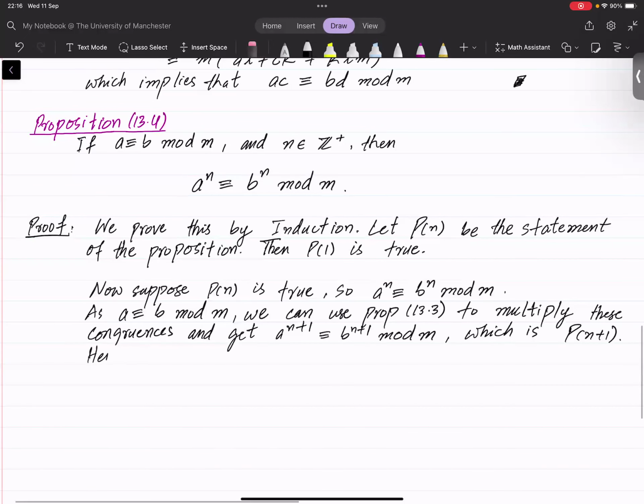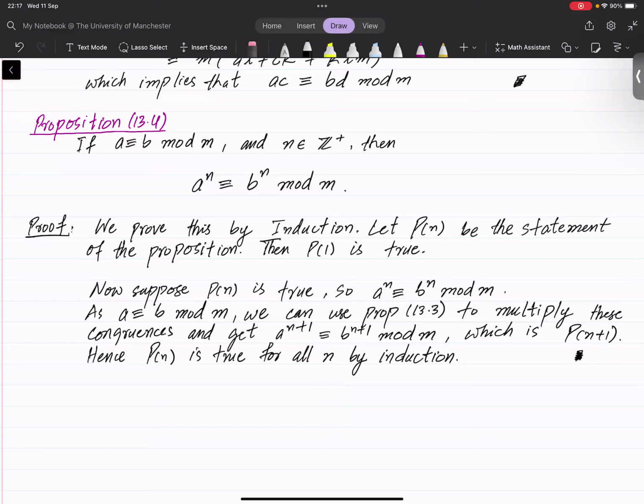This is true by proposition 13.3. So hence P of n is true for all n by induction. Perfect. And this proves the proposition.